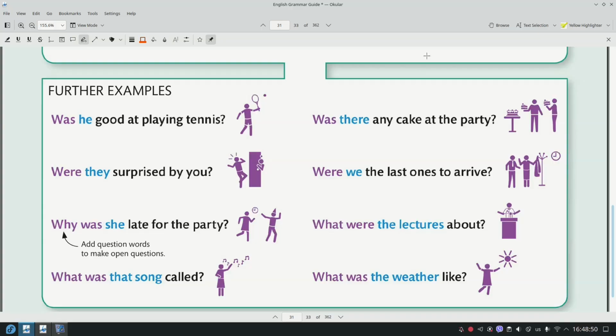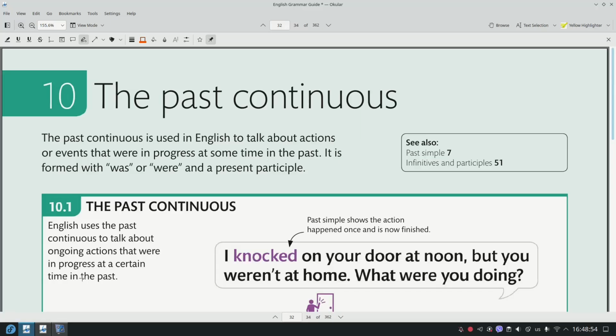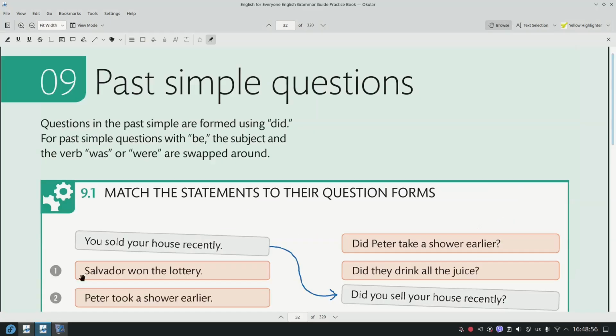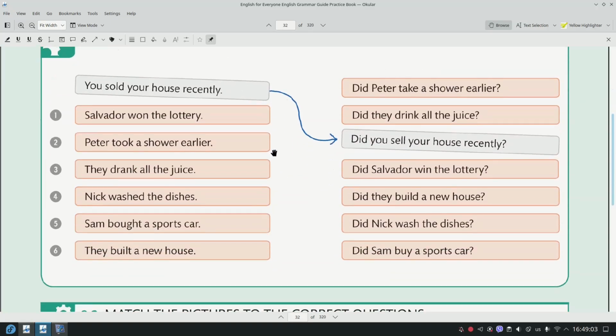Let's practice. Past simple questions. You have two columns. The first one is about positive sentences and the second column is about questions.